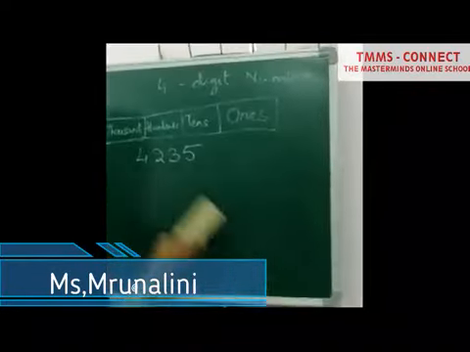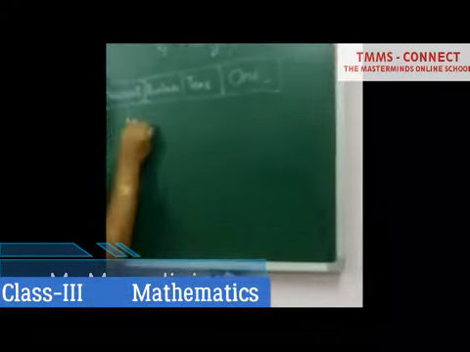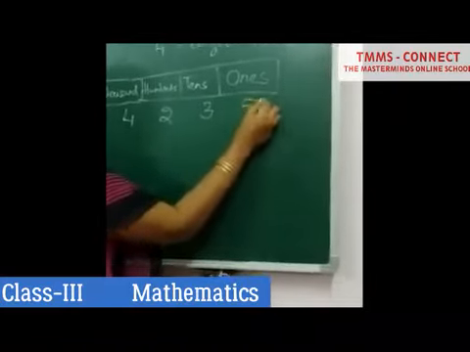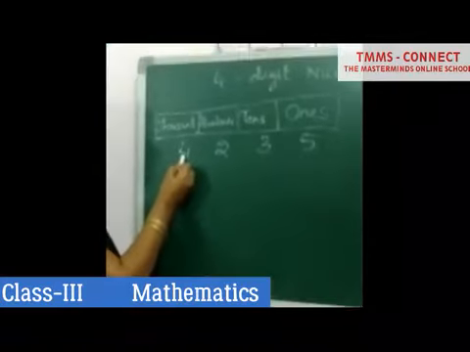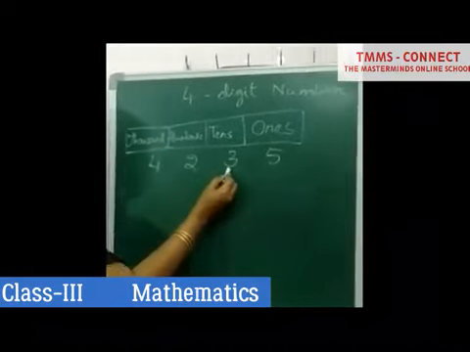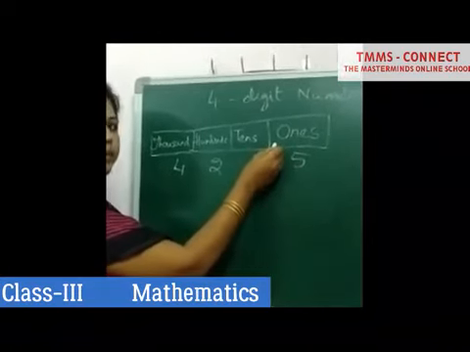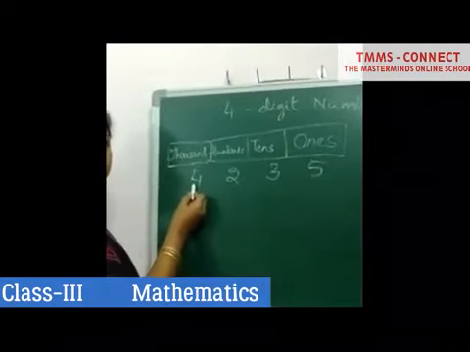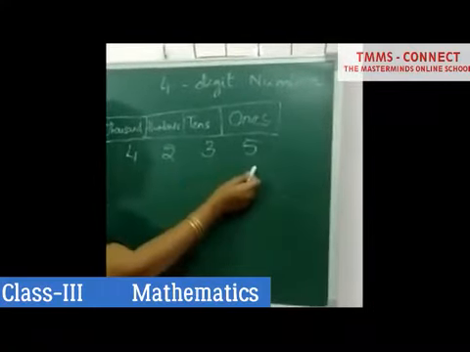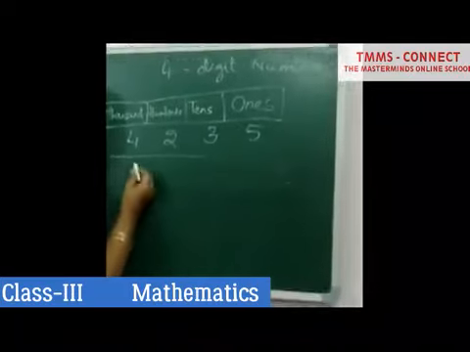Okay, let me make more clear for this. Now see, I write the number like this. 4 is in the thousands place, 2 is in the hundreds place, 3 is present in the tens place, and 5 is present in the ones place. So we read the number as 4235.